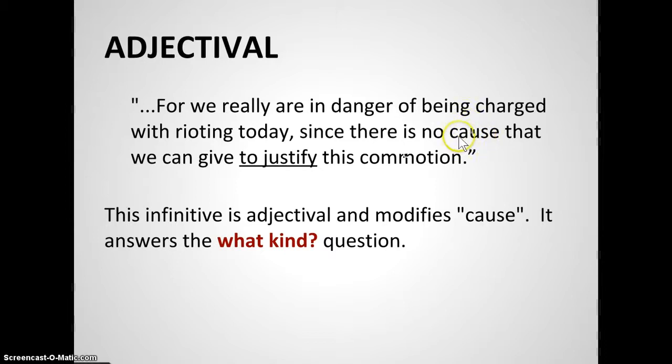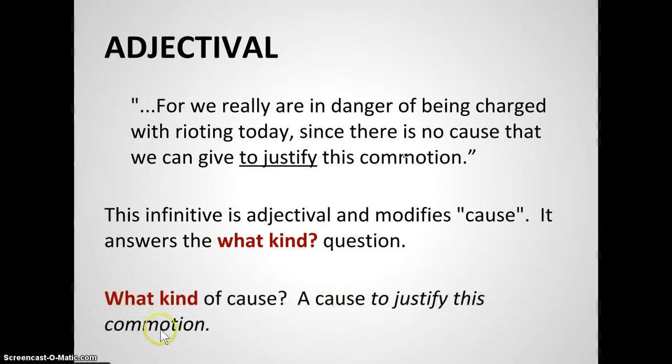Well, you'll remember the ruler of the city came out and warned them that they were going to be in trouble because this was a riot that was unwarranted. There was no good cause for it. So what he's saying here is that this cause here is not sufficient to justify this commotion. What kind of cause?